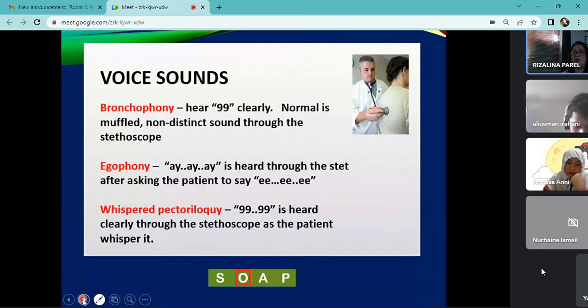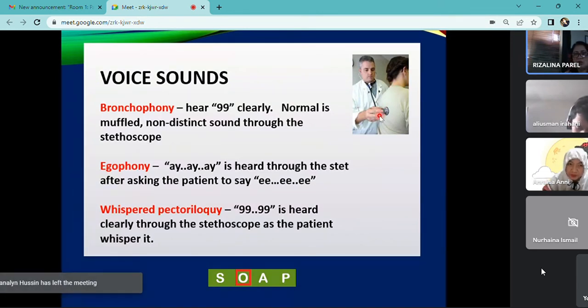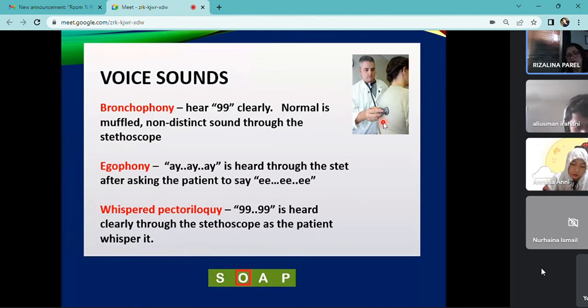Okay, next we have the voice sounds. When we talk about voice sounds, we still use the stethoscope, and it is like palpation. You instruct your patient to say 99, SSS, stress, while your diaphragm of the stethoscope is placed on the chest. Now, bronchophony is also known as vocal resonance.